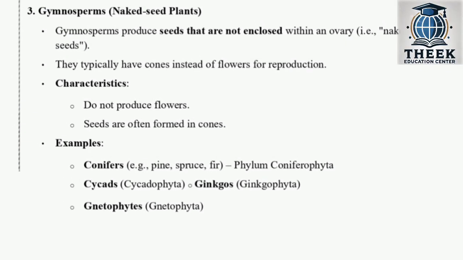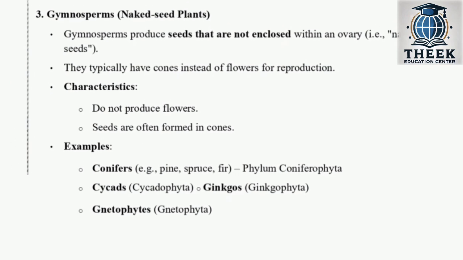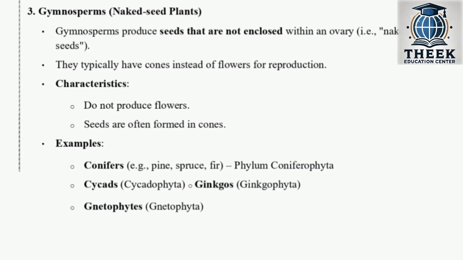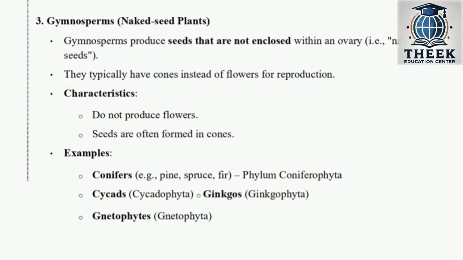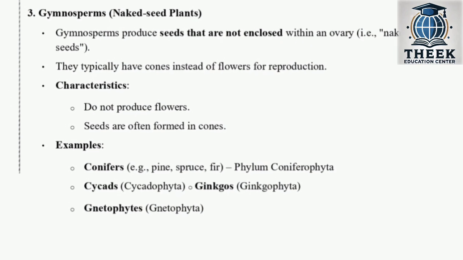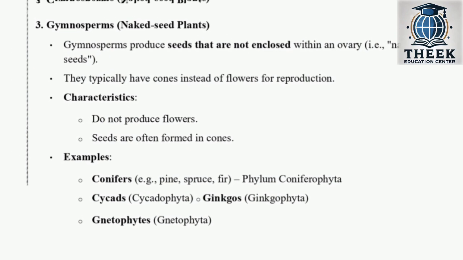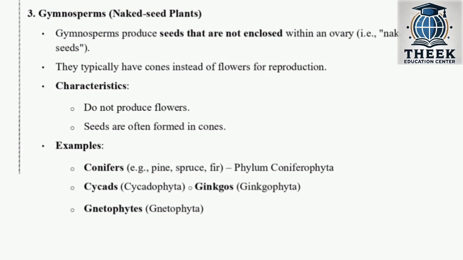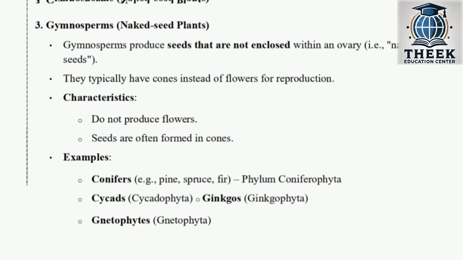Examples of the gymnosperms here, we have the conifers or the coniferous, where we talk about the pine, the spruce, the fir. We also classify them as the phylum Coniferophyta. The cycads here, we have the Cycadophyta, ginkgos, the Ginkgophyta, then Gnetophyta.